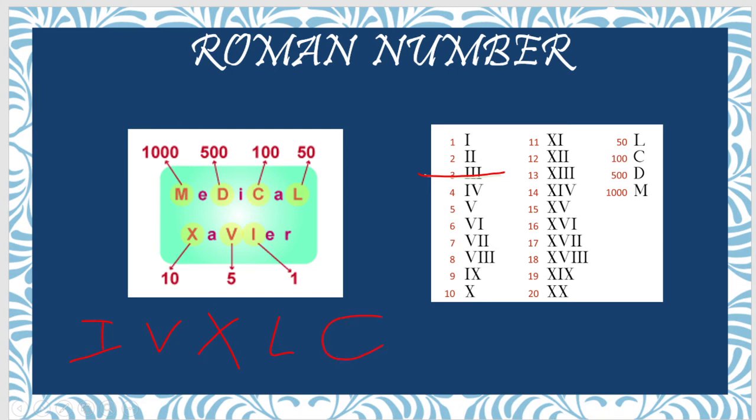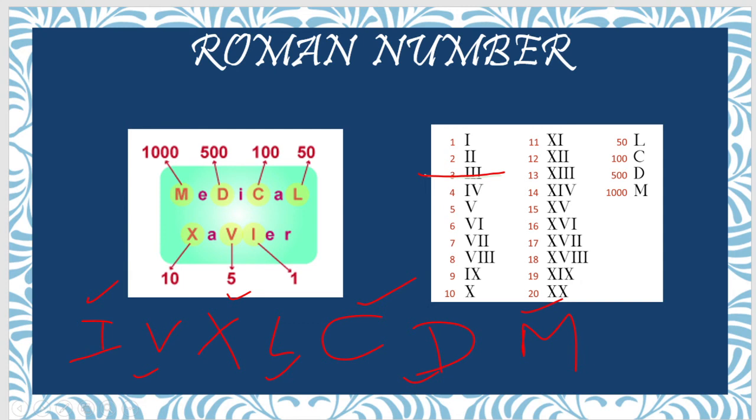And then is C, which can be written three times. D, only one time. And M, again three times. Look, you can use this number three times. This for 1, this for 3, this for 1, this for 3.